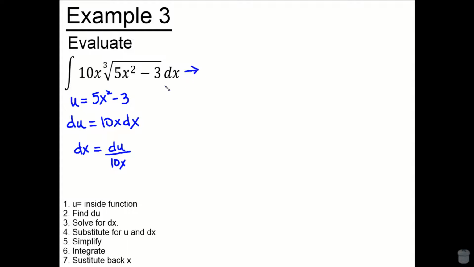From here, when I substitute u and dx into the original, I have the integral of 10x times the cube root of u times dx, which now gets replaced with du over 10x.